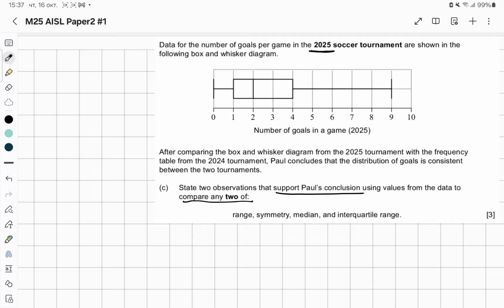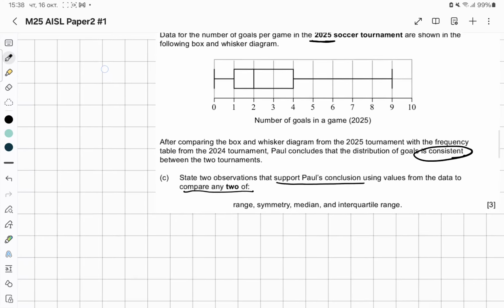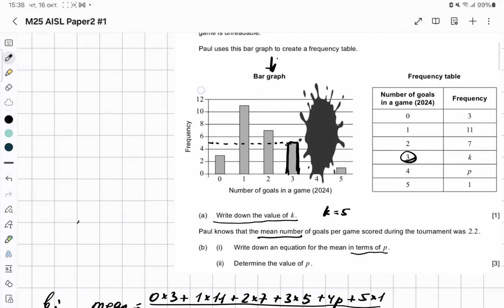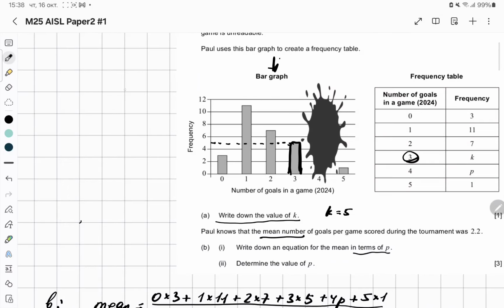So what does consistent mean? It says consistent between these two tournaments. Yes, we should consider the median. So let's find the median from this table. We will analyze this table. I will write here the frequencies 3, 11, 7, k is equal to 5, and p is equal to 8.